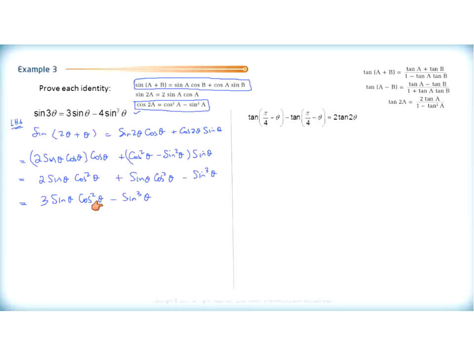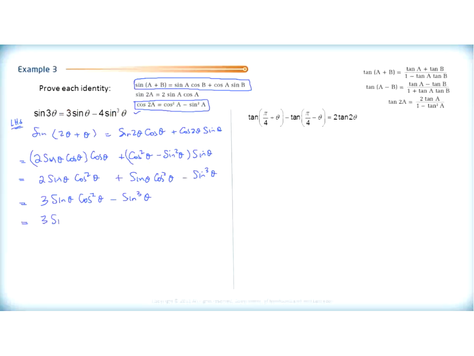But I don't have a cosine squared. Now I'm noticing that up here on the right side, I've got no cosines. All I've got is sines. So I've got a feeling I'm on the right path because I've got a sine cubed, and a 3, and a sine theta. So maybe I've got to get rid of this cosine squared because there are no cosines on this side. So let's try that.